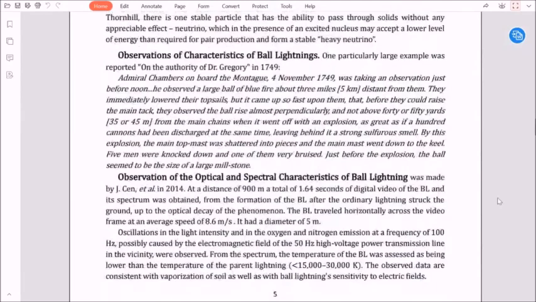Observations of characteristics of ball lightning. One particular large example was reported on the authority of Dr. Gregory in 1749. Admiral Chambers, on board of Montague for November 1749, was taking an observation just before noon.